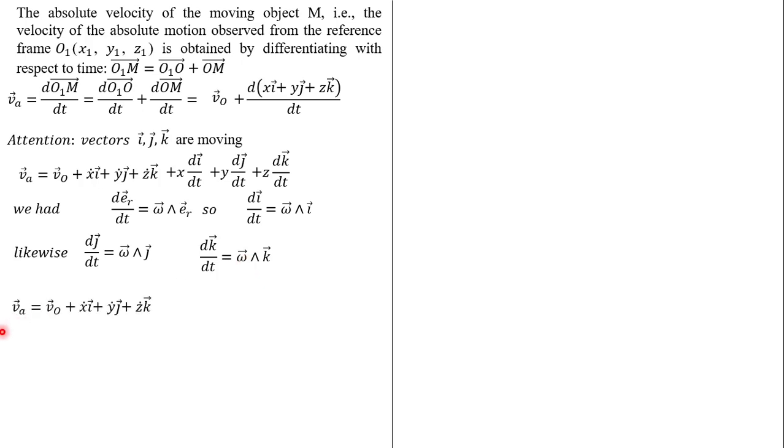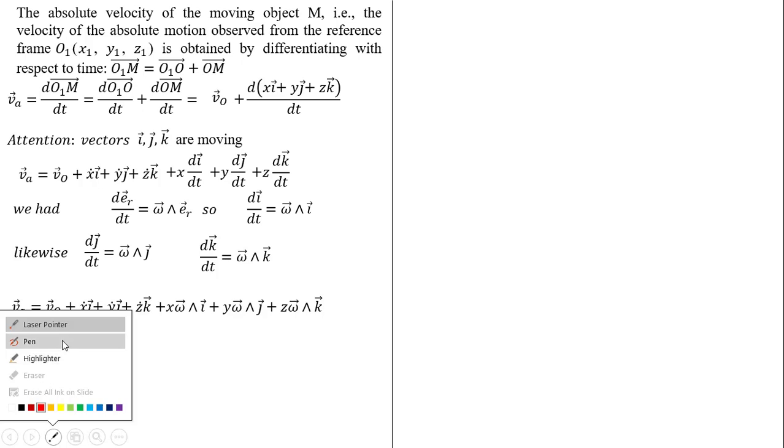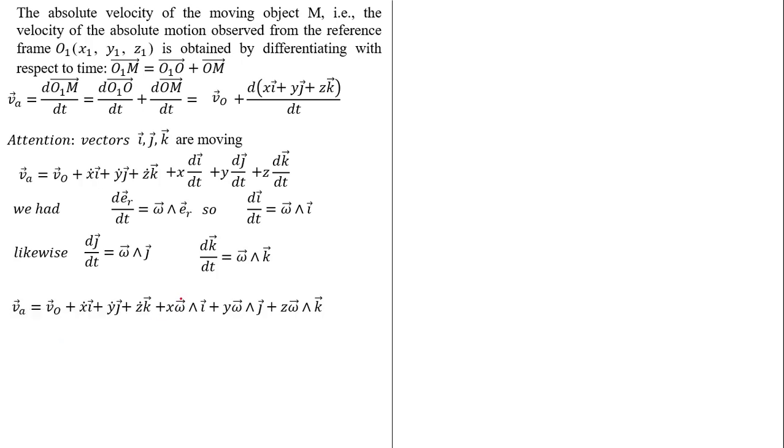Then we can obtain Va equal Vo plus x dot I plus y dot j plus z dot k plus this term, so plus x omega cross I plus y omega cross j plus z omega cross k. Now we can take this omega as a common factor.